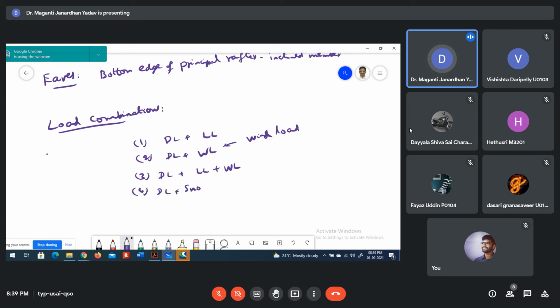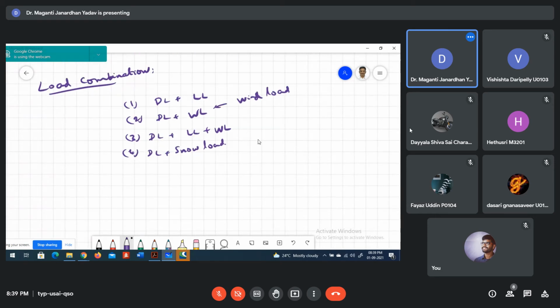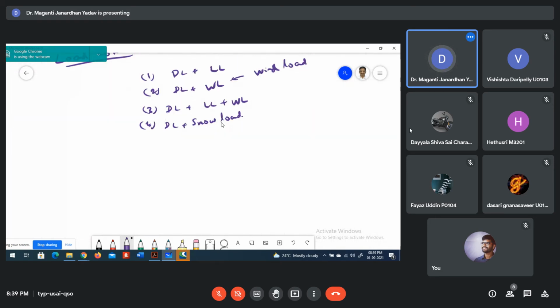Dead load plus snow load, but this is not applicable for the southern part of the country, India. Only in the Himalayan belt, in such places, only snow load has to be considered.